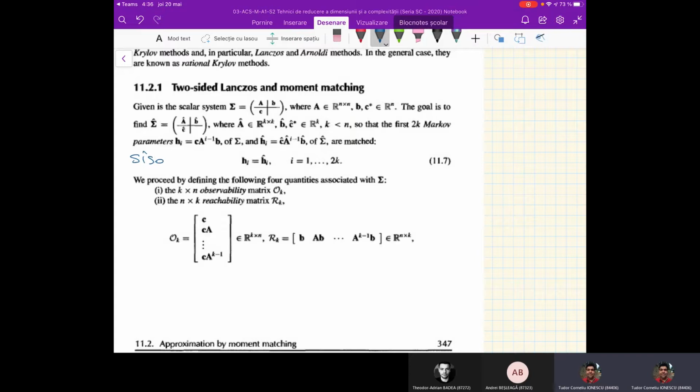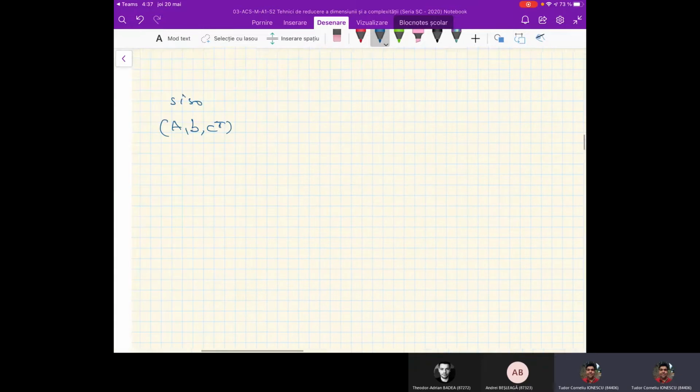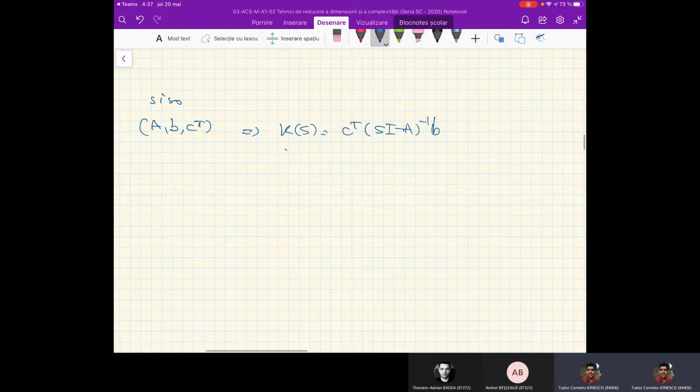So given the scalar system A, B, C transposed, single input, single output, you get a transfer function K(s) equals C transposed (sI minus A) inverse B. K is defined on C and takes values also in C. And note that it's also symmetric.